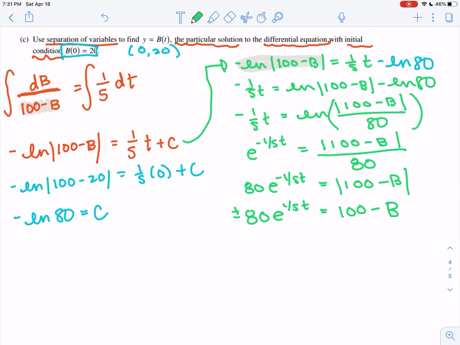All right, I'm going to subtract 100 and then basically change all the signs of the coefficients. All right, remember we cannot have a plus or minus in our answer as we are looking for a function.